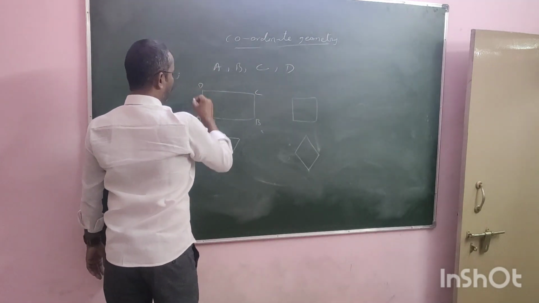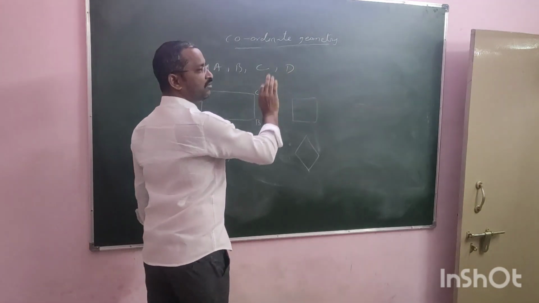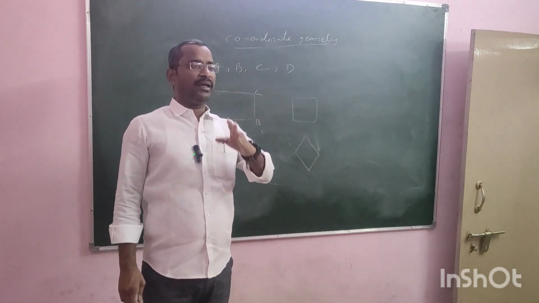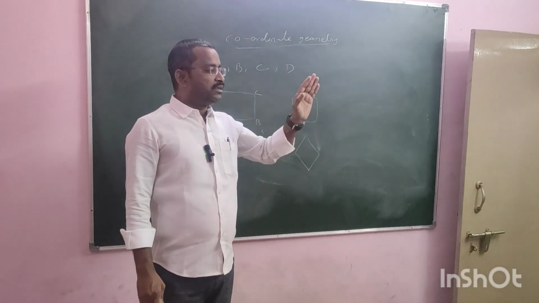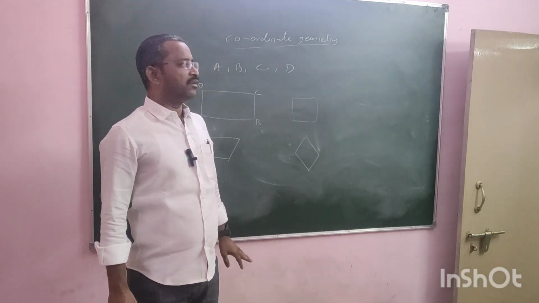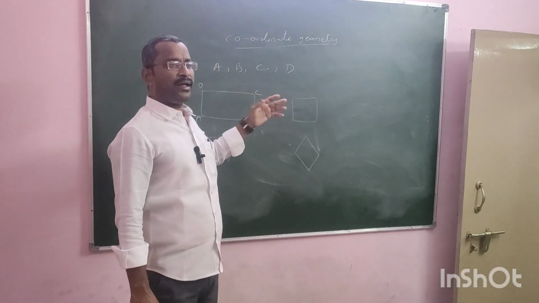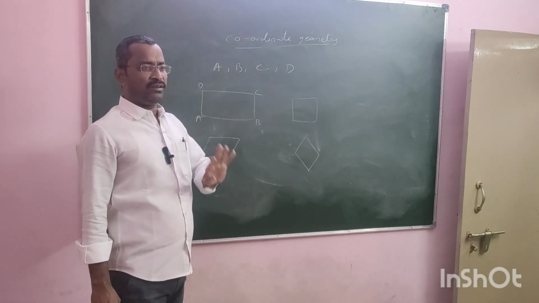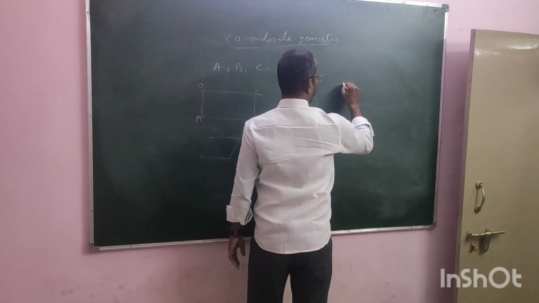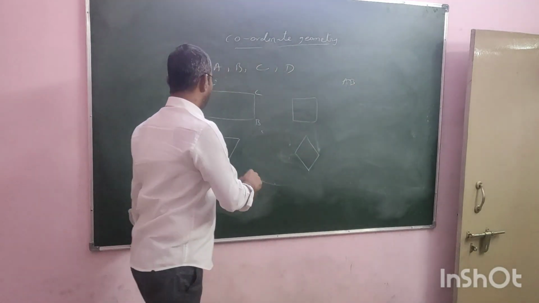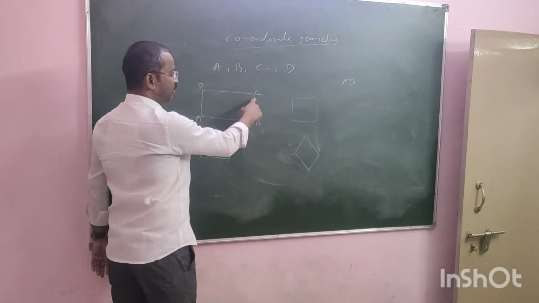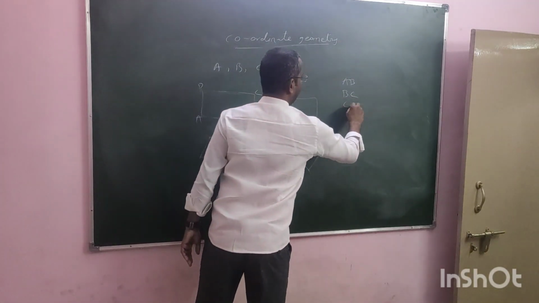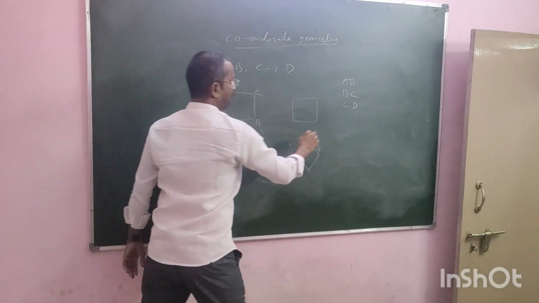He is giving the four points. Directly you should assume them as A, B, C, D. Sometimes he doesn't mention A, B, C, D; you should assume them as A, B, C, D sequentially. You need to find the distances to prove whether it is a square, rectangle, parallelogram or rhombus. First, you need to find the six distances. First AB, next BC, next CD, next DA.